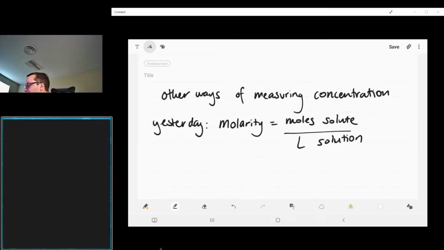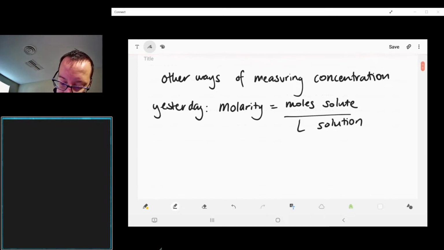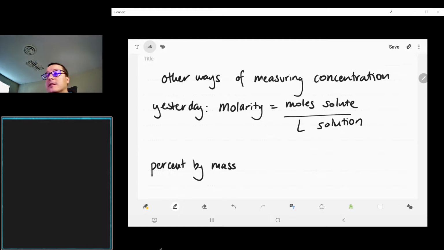The first one we're going to see is actually going to be percent by mass. And this is something that you'll see in healthcare, you'll see in biology a lot. They like to use percentages. For some reason, I guess it makes the preparation for the solution a little bit easier calculation-wise.